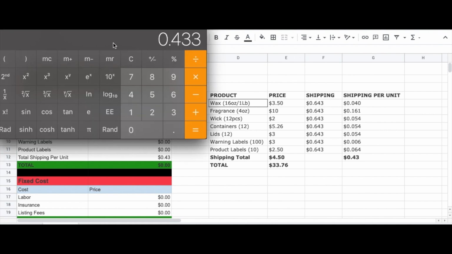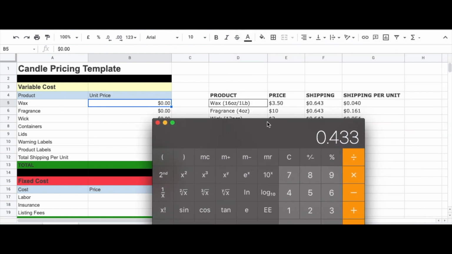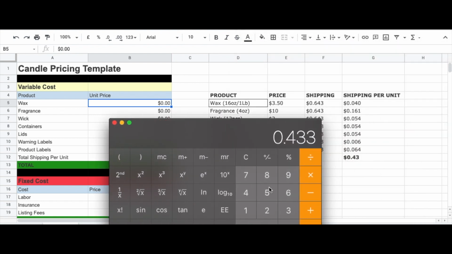So pull up your calculator. 3.50 divided by 16 is equal to 0.22. Because this is above 5, I'm going to just round it up and add 1 here. So the cost of 1 ounce of wax is 0.22.